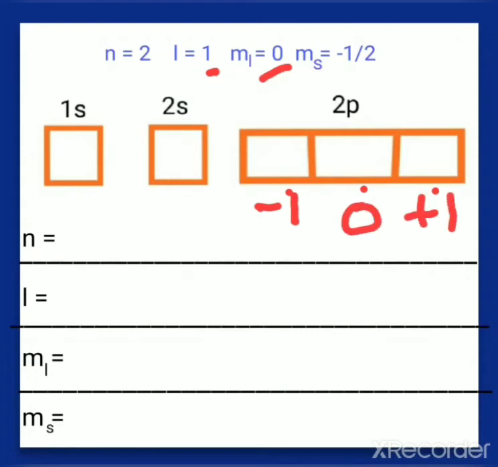These are the positions given for minus 1, 0, plus 1. When you find it out here, our electron is having ml value equal to 0. Ml value is equal to 0 means our last electron must be in this box.